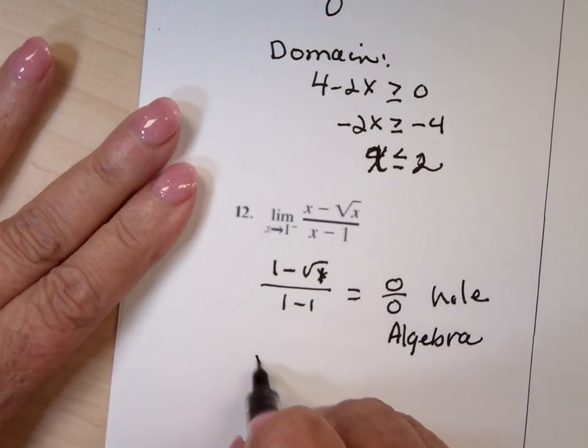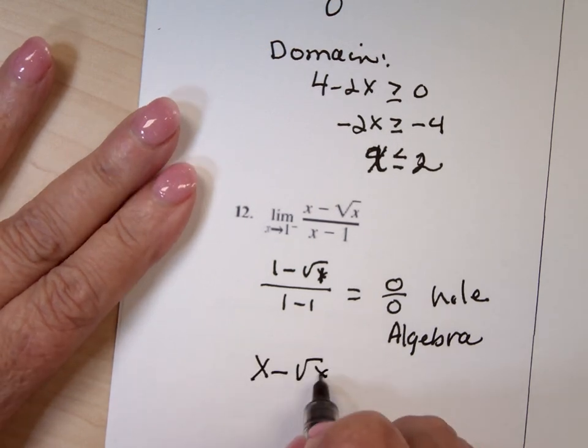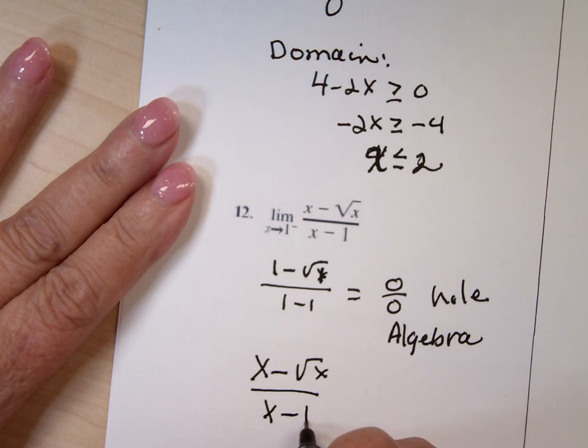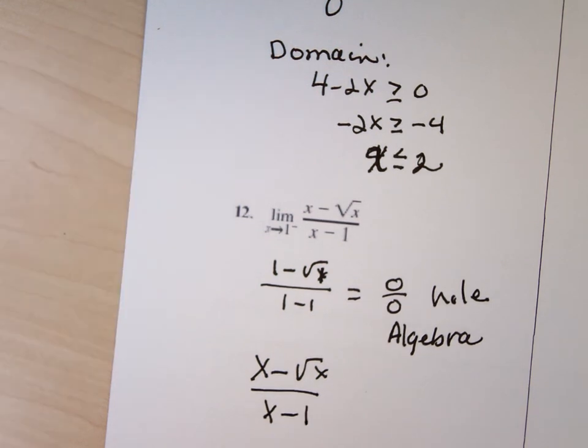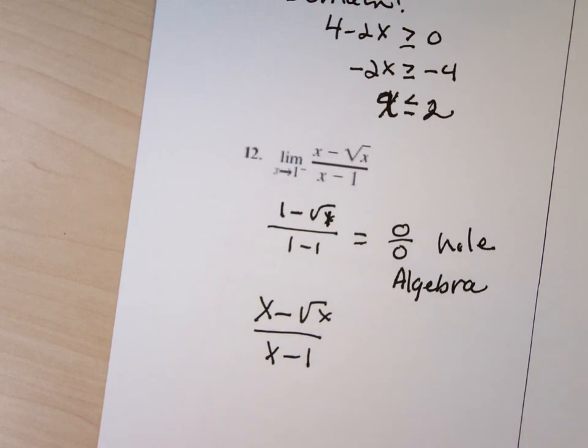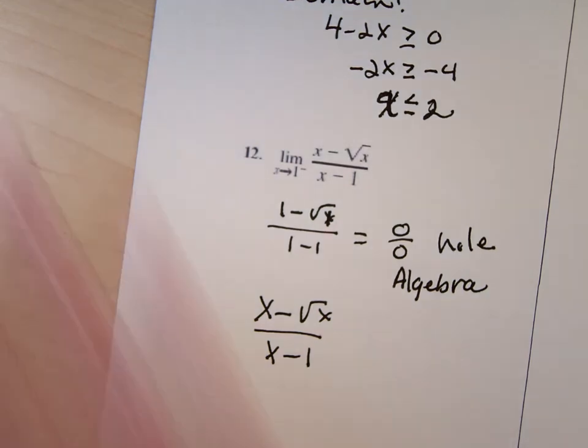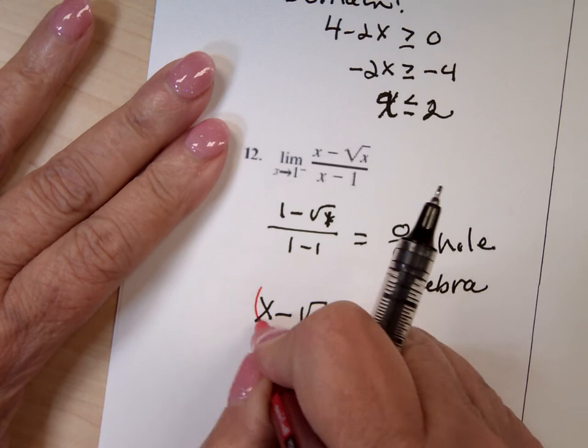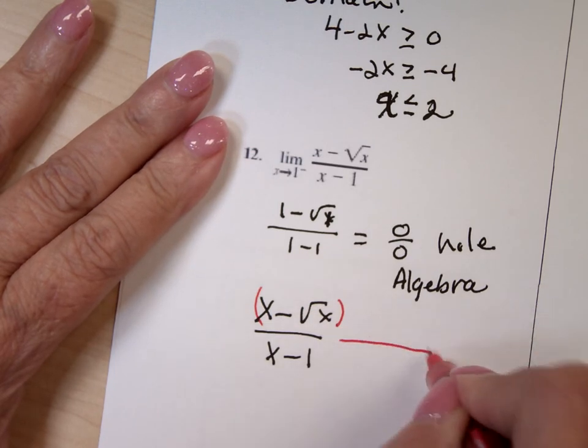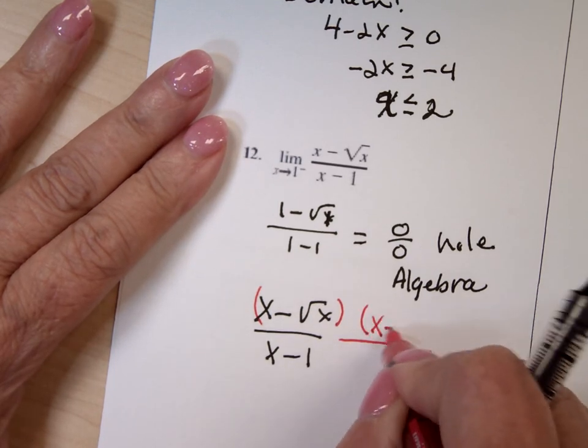And what form of algebra am I going to have to use on this sucker? It's got a radical, so what do I have to use? The conjugate. And since the radical's in the numerator, I'm going to rationalize the numerator.